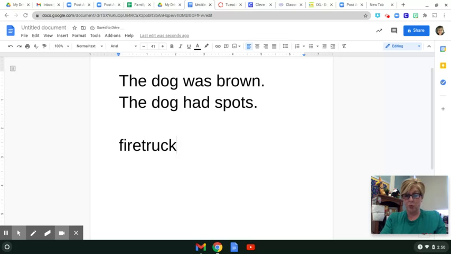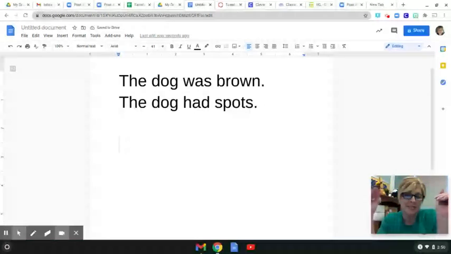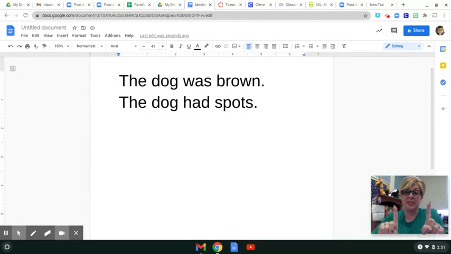A compound sentence is two simple sentences that you put together to make one longer sentence. And we have to do that in a special way.